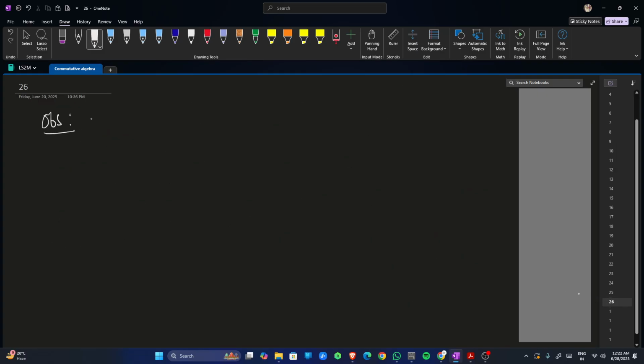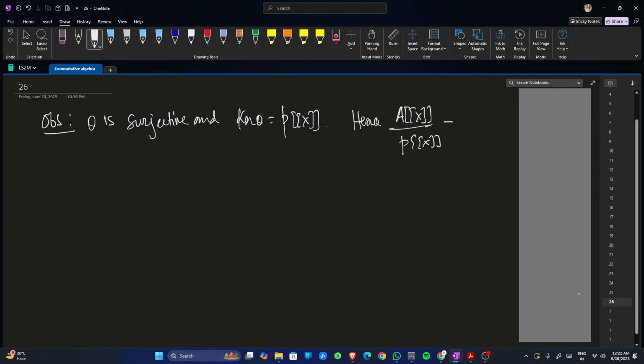Observe theta is surjective and kernel theta is P[[X]], hence A[[X]]/P[[X]] is isomorphic to (A/P)[[X]].